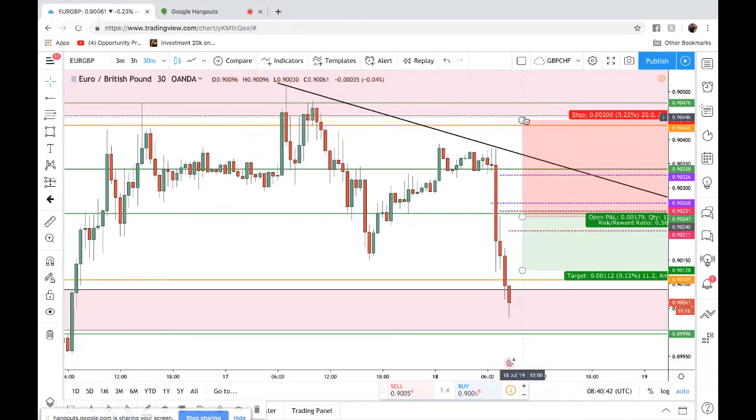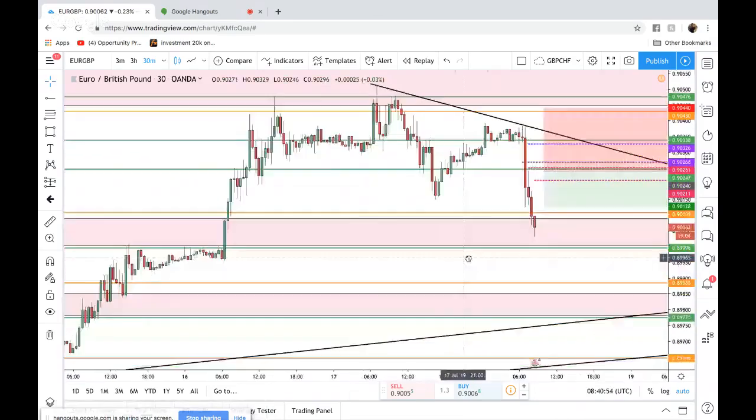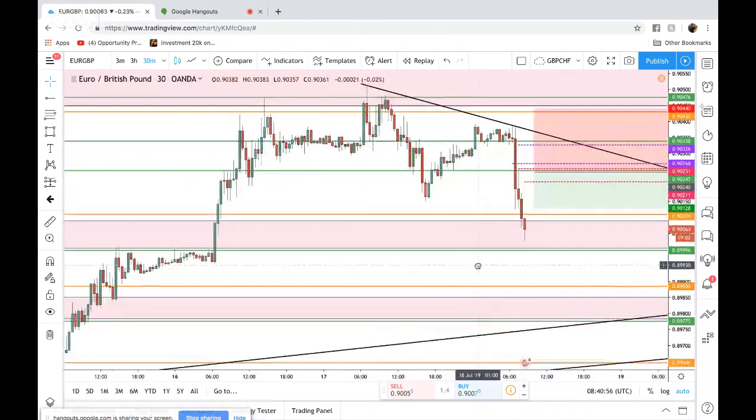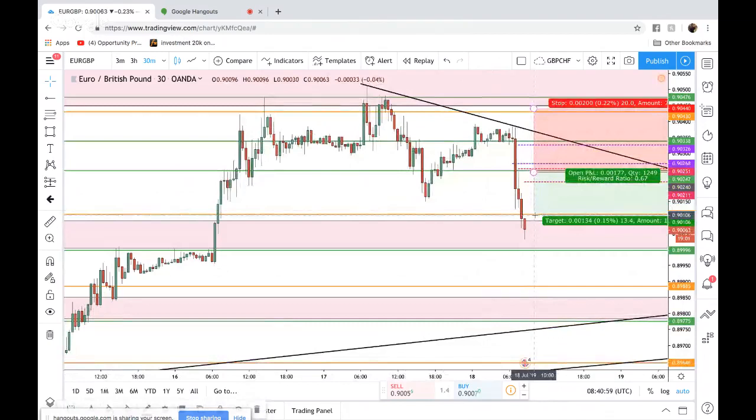Why is it 20 pips? Because clearly I want it to stay below the trend line, below this level. This Fibonacci area is enough for it to resist it. And how far down would I be looking for it to go? Well, clearly we have this next zone right here, which can be 20.